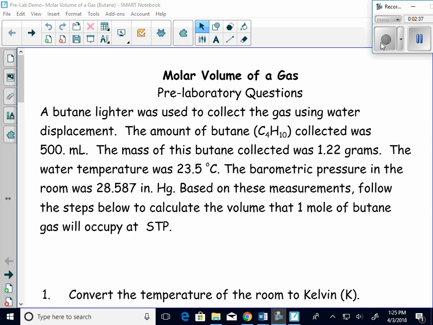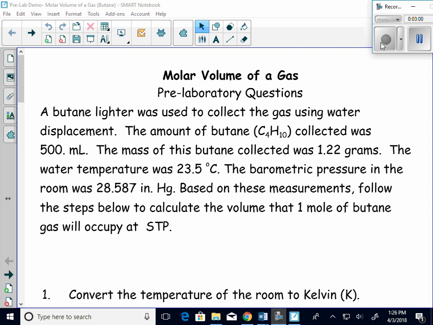Variables with subscript number 2 are at STP conditions. To get the molar volume at STP, divide the value of V2 by the moles of the gas, n, that are produced in the experiment.